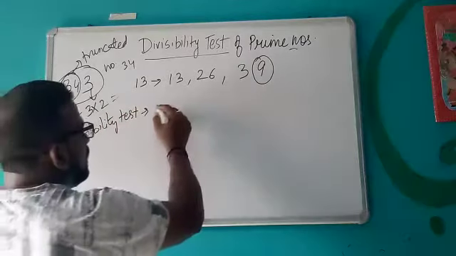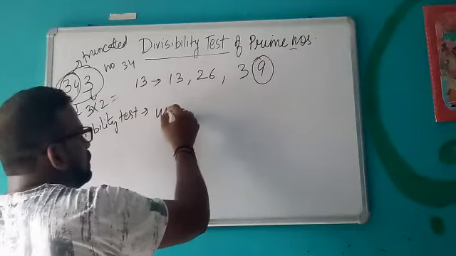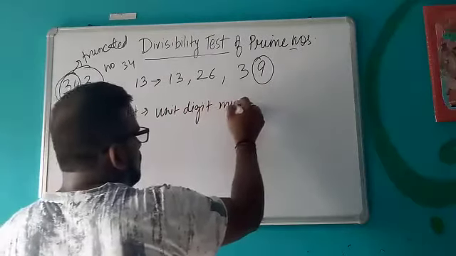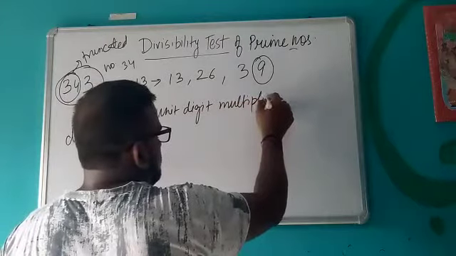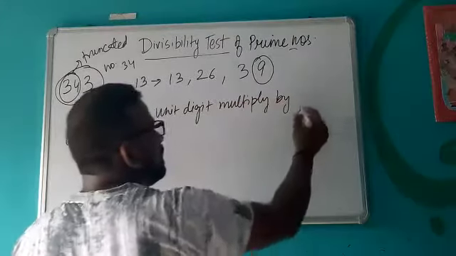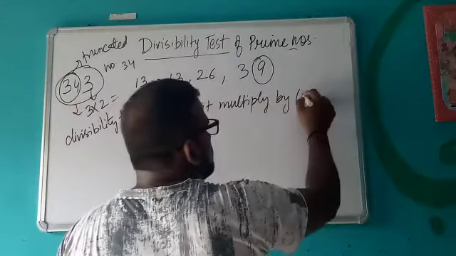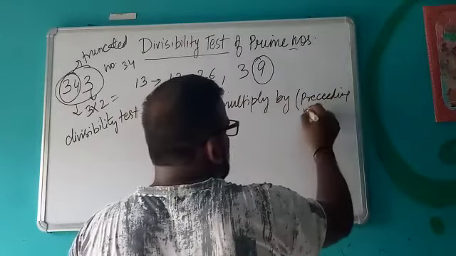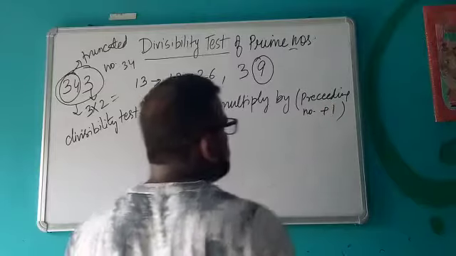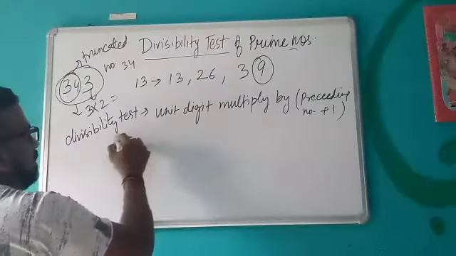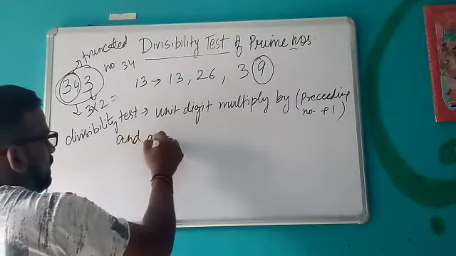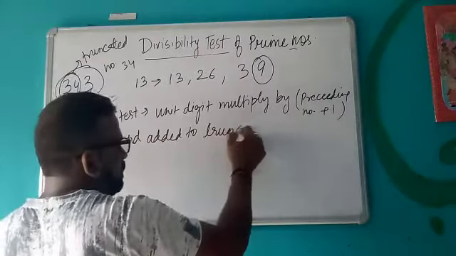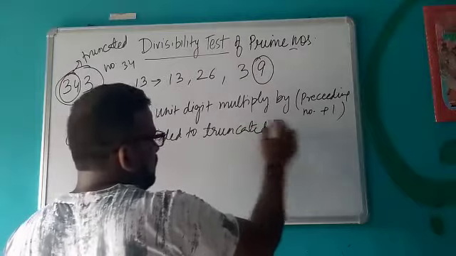Unit digit multiplied by the preceding number plus 1 and added to the truncated number.